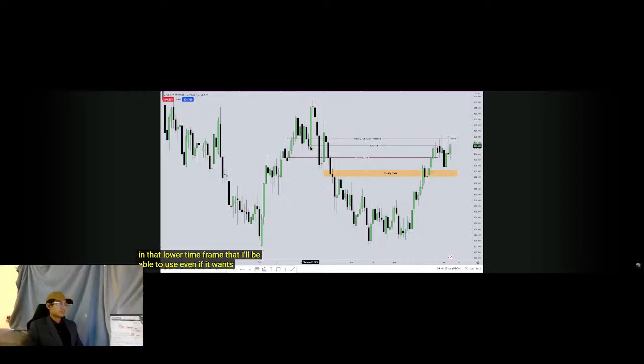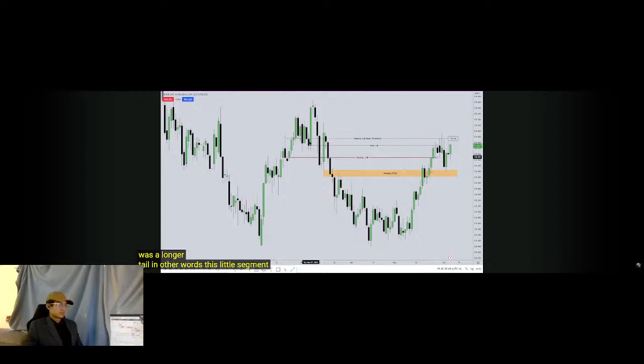For anchoring on a higher time frame basis, I'm anchoring it to the opening price. Now let's assume for a moment that it was a longer tail.